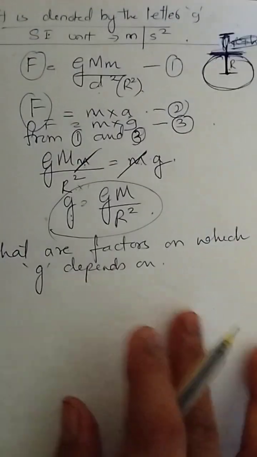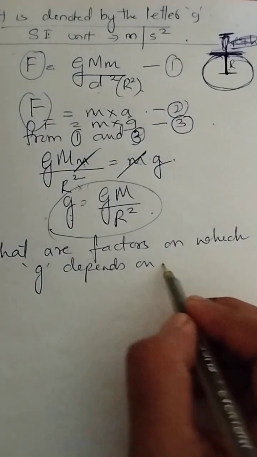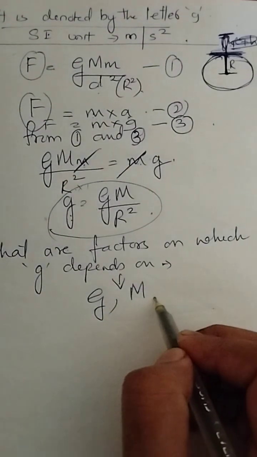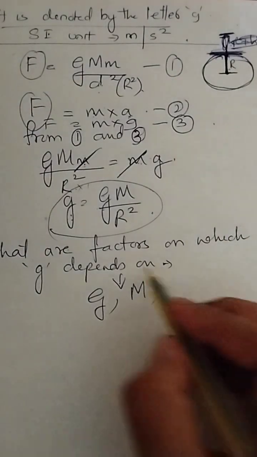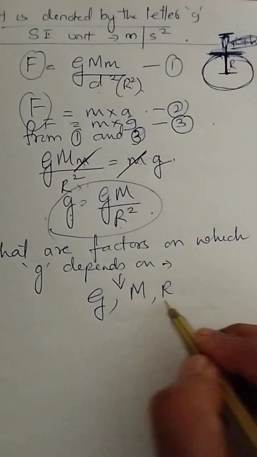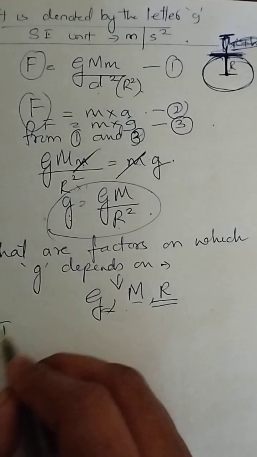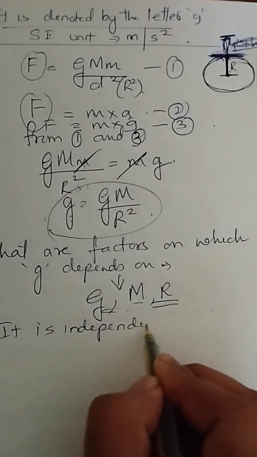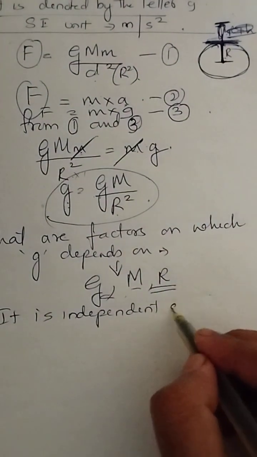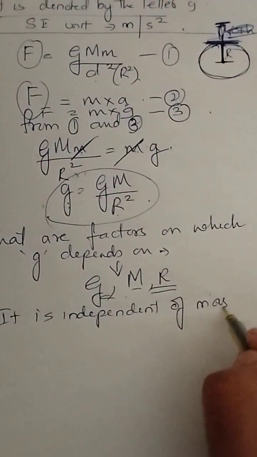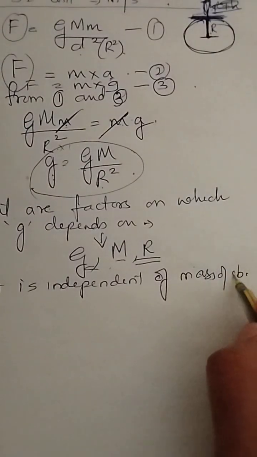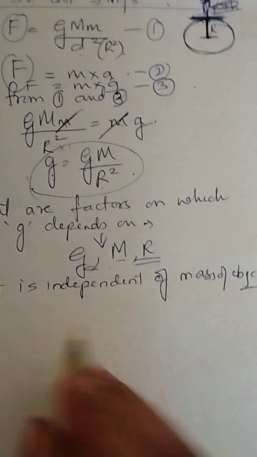Acceleration due to gravity depends on G, that is gravitation, the mass of the earth, and also the radius of the earth, that is distance, correct? It is independent of the mass of the object. Remember, this is a very important question, it is independent of the mass of the object.